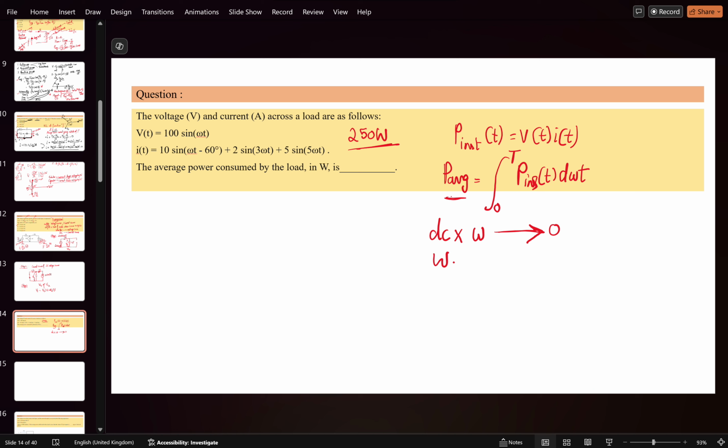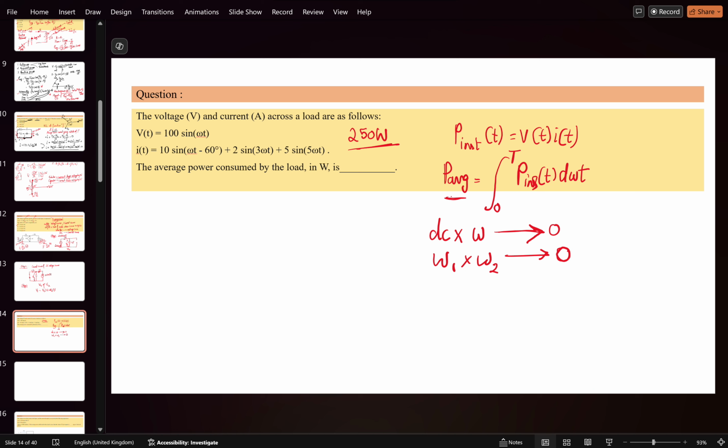And when you multiply two different frequency terms also, the average will become zero. Only the same frequency terms multiplied will survive. If we multiply omega 1 with omega 1 term, it will not be equal to 0, maybe 0, but not necessarily. Or omega 2 multiplied by omega 2.